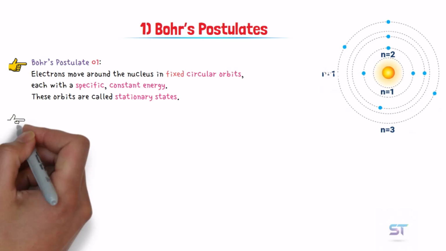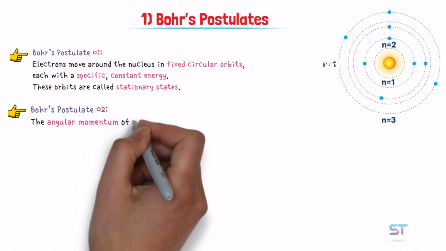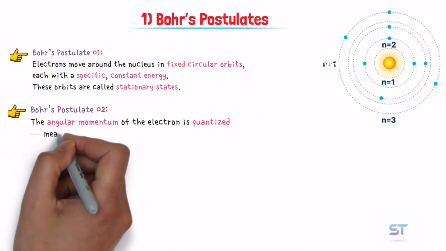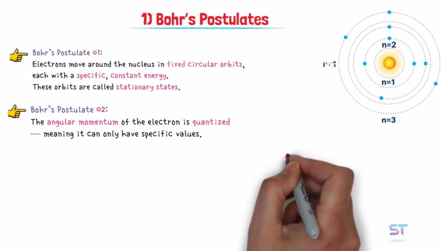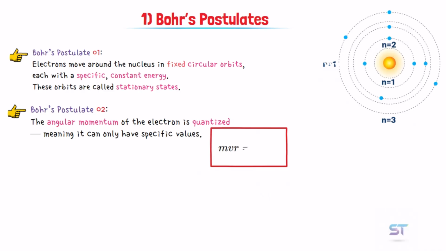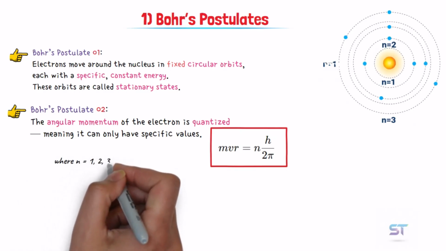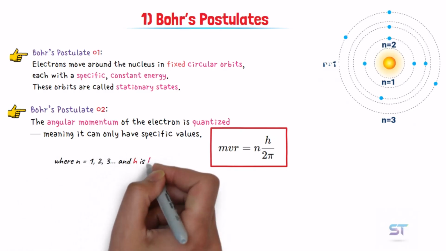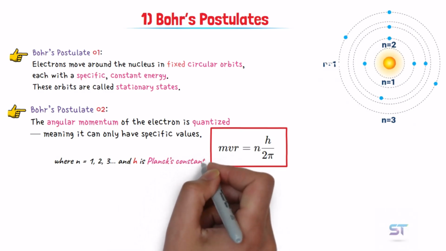The second postulate: the angular momentum of the electron is quantized, meaning it can only have specific values, given by this relation, mvr equals nh upon 2π, where n equals 1, 2, 3, and h is Planck's constant.